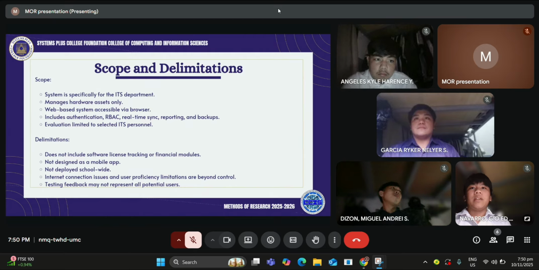However, the study will not cover software license tracking, financial inventory management, and large-scale deployment outside the ITS department. It will also be web-based only, not a mobile app. Testing will be conducted with selected ITS personnel to evaluate our system performance. Next.